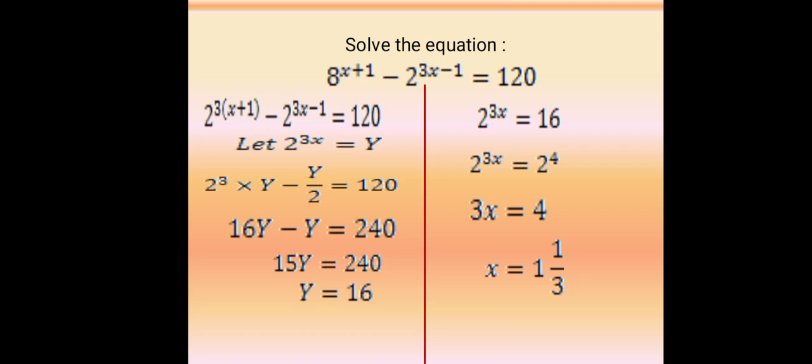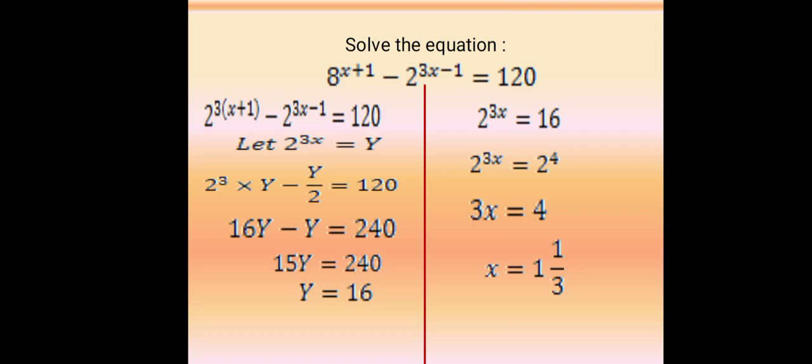Solve the equation. 8 raised to the power of x plus 1 minus 2 raised to the power of x minus 1 is equal to 120. Now, this equation we are not able to write everything to the base of 2, which we could ideally have done to solve for x.